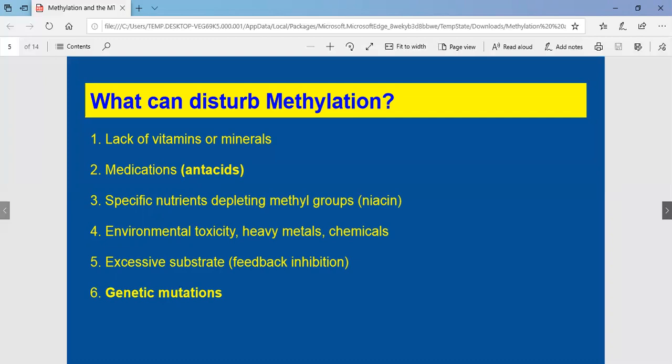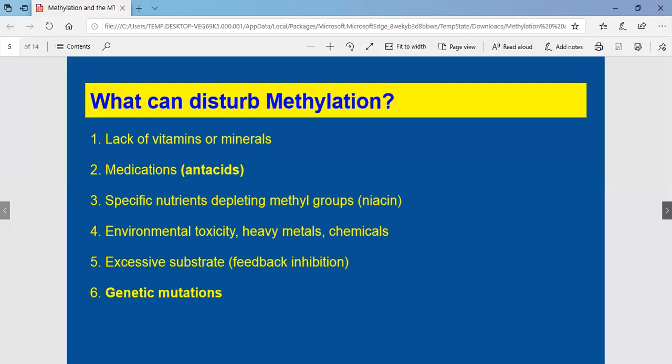There are certain medications that cause that, like antacids. There are also certain nutrients. Some people take a multivitamin or a supplement that has niacin, and I always look at their supplements to make sure they're not taking too much niacin, because the excess of niacin can reduce methylation, which is not good in the long term. Environmental toxicity, heavy metals, chemicals. If you're exposed to an environment full of heavy metals, your methylation will be compromised.